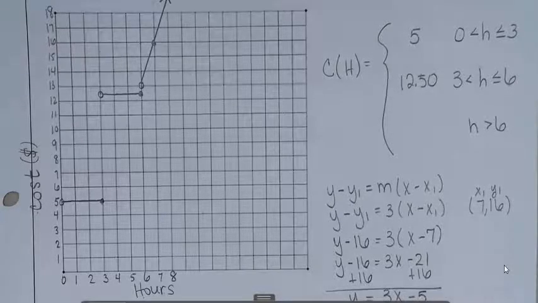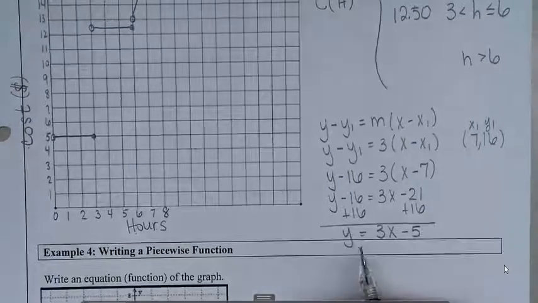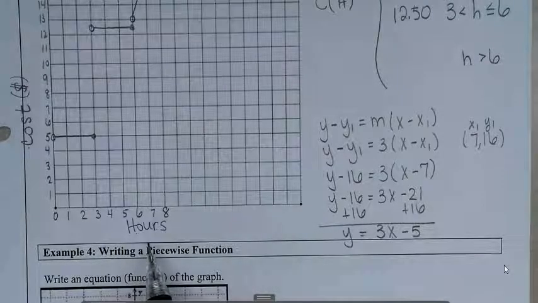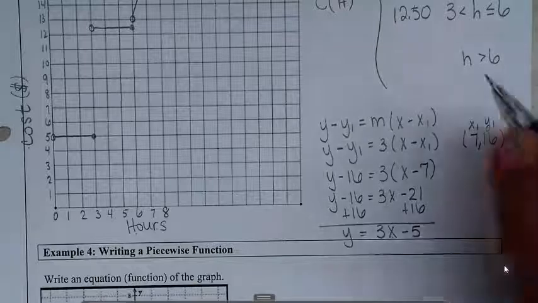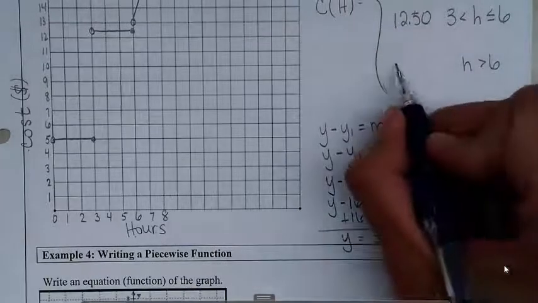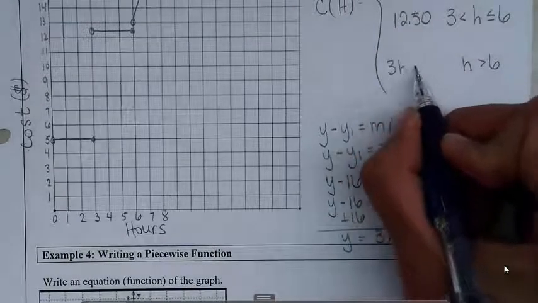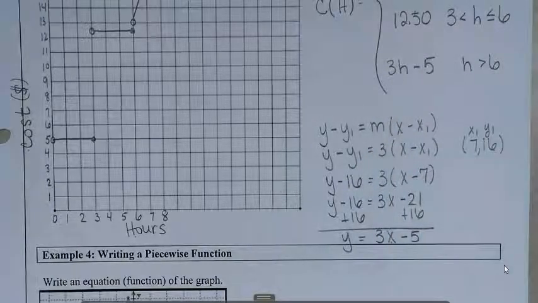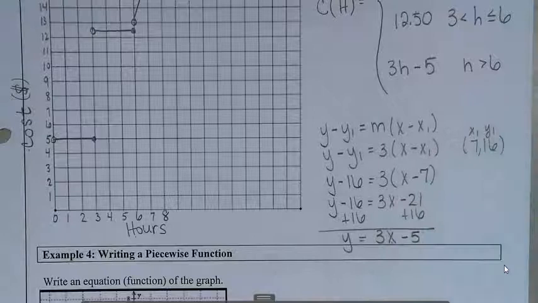Minus 5. And so instead of having this be an x, my input here happens to be hours, so I'll use h. So this piece of my function is 3h minus 5. And that's only when hours are greater than 6. Okay?